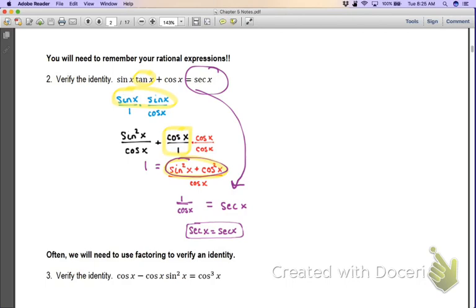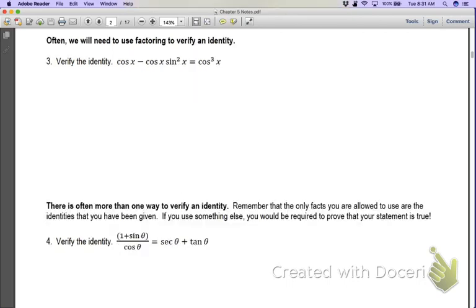Whenever you wrote proofs, were you ever taught to basically, so what I mean is, if I just have the left side, and in this one we're going to factor, and I separate everything out, I make it cosine of x minus cosine of x times sine squared of x.